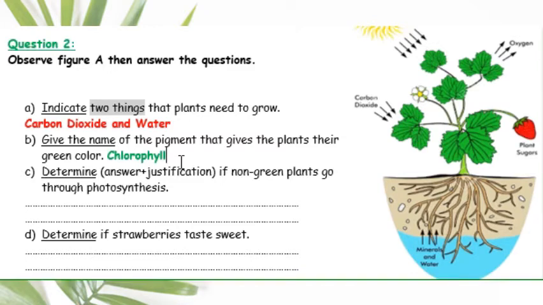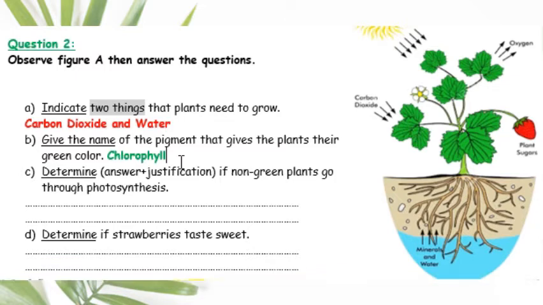What do plants need for photosynthesis? They use three things: carbon dioxide, water, and sunlight energy. How do plants trap sunlight energy?